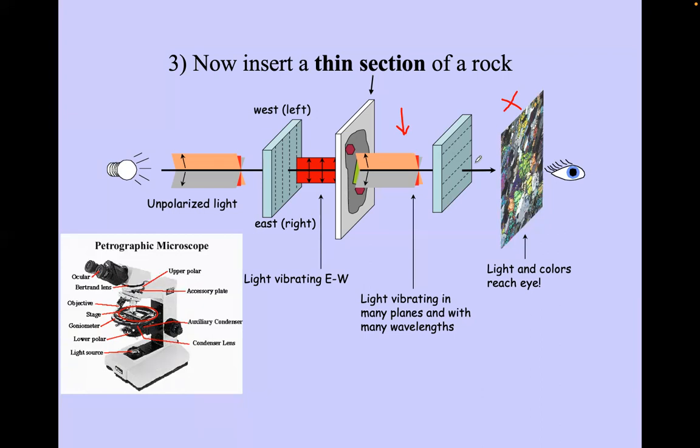Therefore it's important for you to note that distorted color as well, right? But if you want to see the real color of the mineral, then you have to remove this polarizer and see directly after the first polarizer only. Anyway, we will learn about the uses of these colors later on.